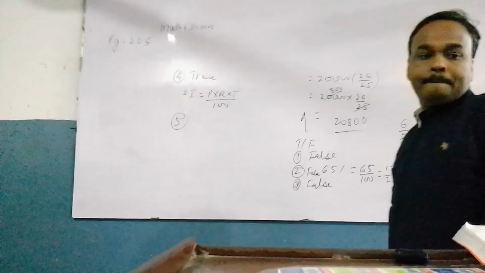Now 5. The interest on rupees 350 at 5% per annum for 73 days is rupees 35. It is false. How is it false? Let's see.